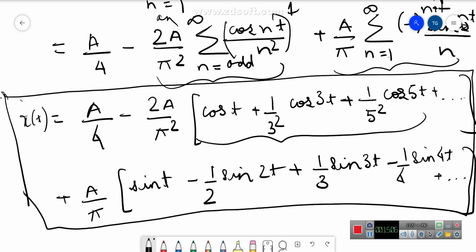And similarly we have used the values of bn, which we can write as minus 1 to the power n plus 1, because it has two separate values for odd n and even n. Combining these two, odd n and even n, we can write it like this, and we can solve for the next term. So this is how we solve these Fourier series problems.